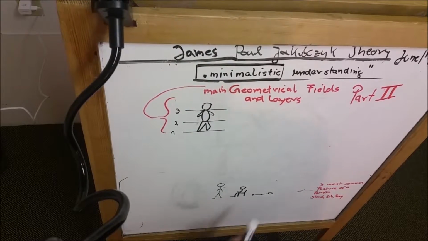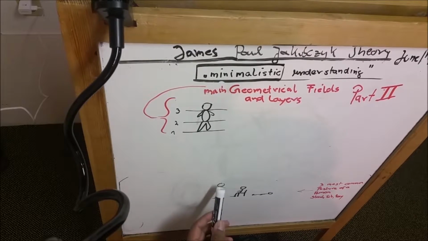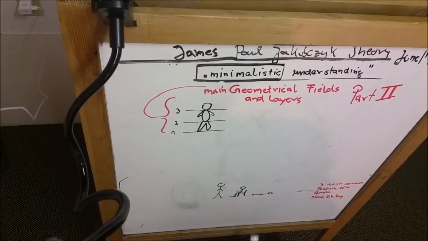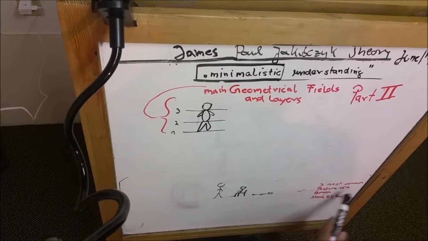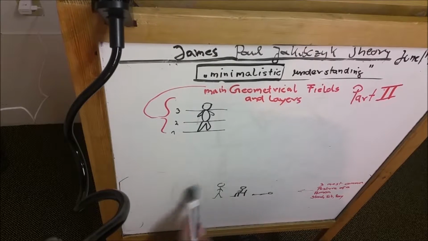I prepared something here, and I wrote something on it. You see a human standing, a human sitting, and a human laying down. These are the 3 most common postures of a human being: stand, sit, and lay.